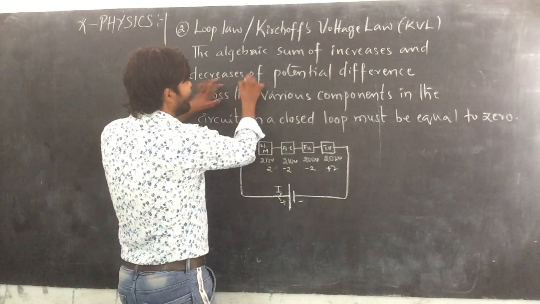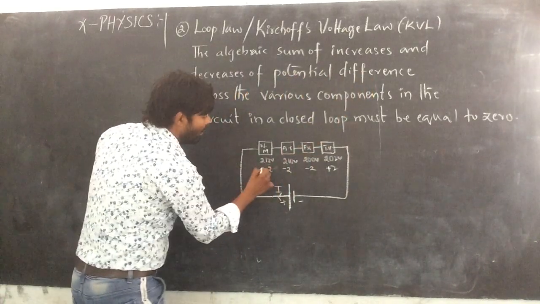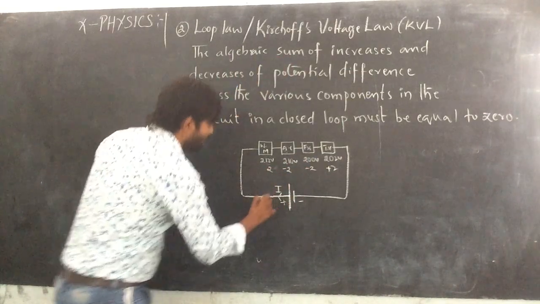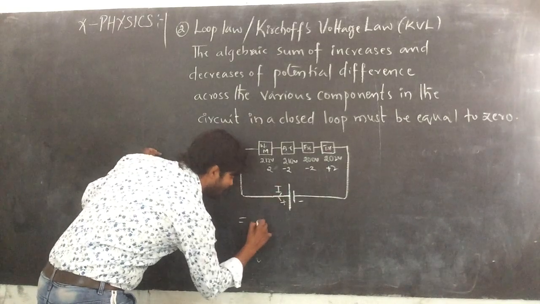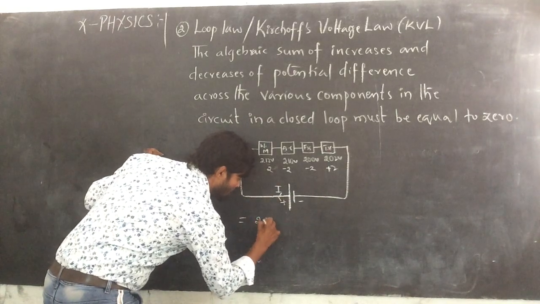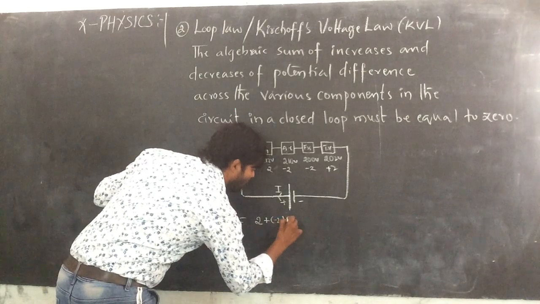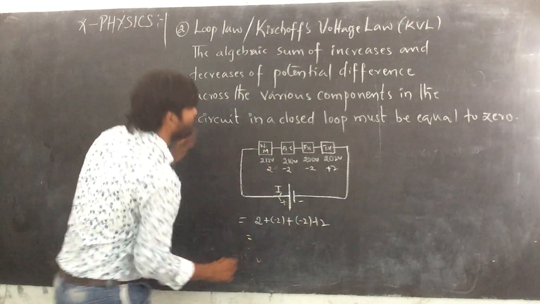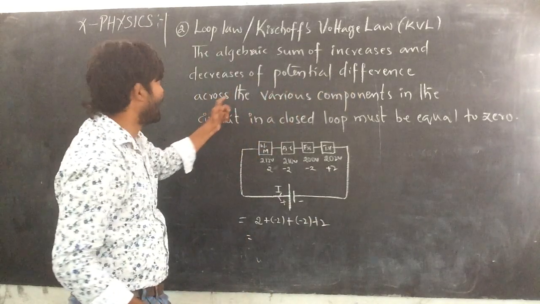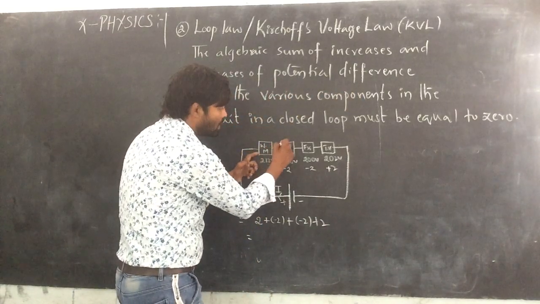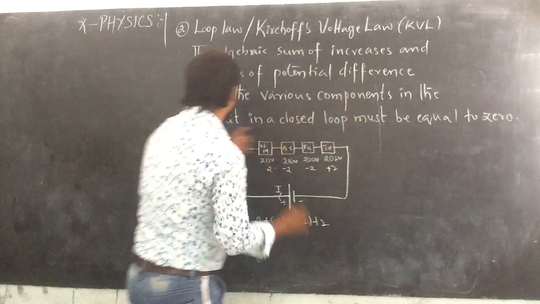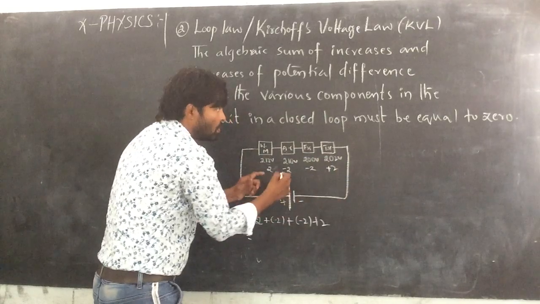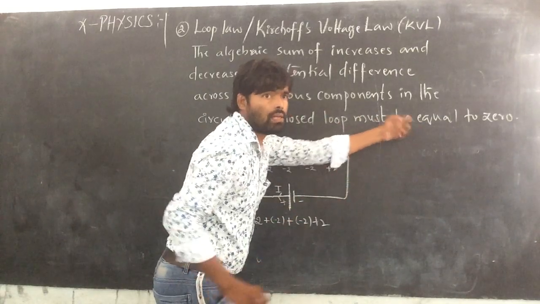After that, the increases and decreases of potential, when we add these differences, plus 2, minus 2, minus 2, plus 2, the sum of the potential differences across the various components in the circuit, in a closed loop, must be equal to 0.